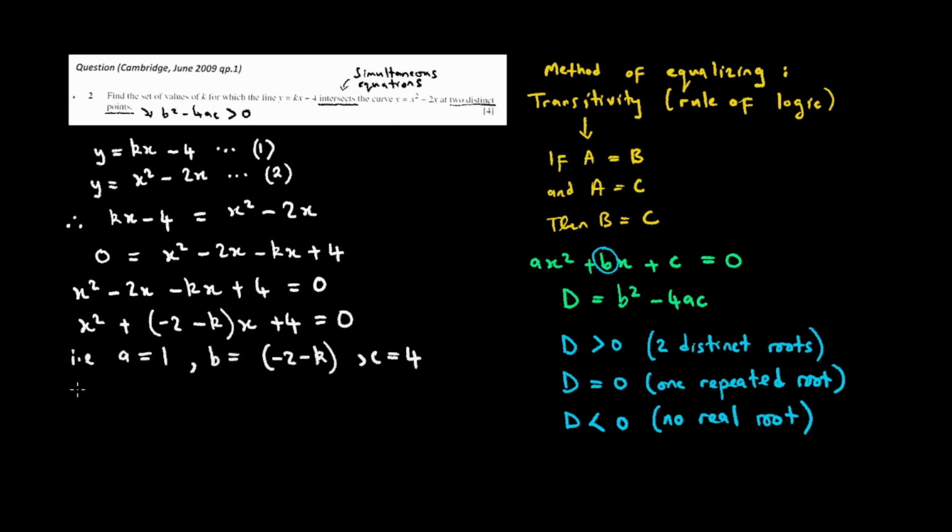What are we going to do? We can write a small statement here, because we are trying to communicate mathematics, and our small statement is going to be: at 2 distinct points, b squared minus 4ac, our discriminant, is going to be greater than 0.